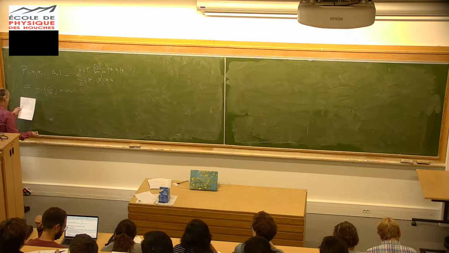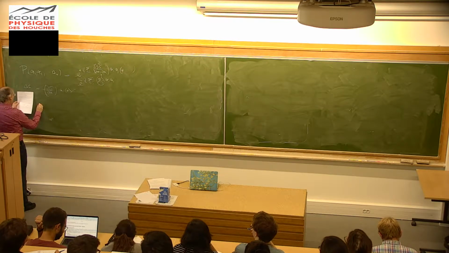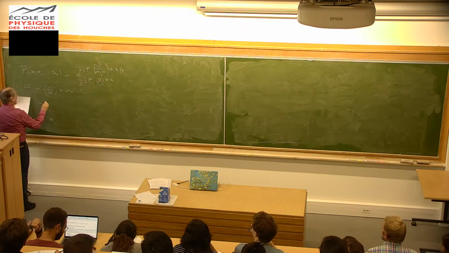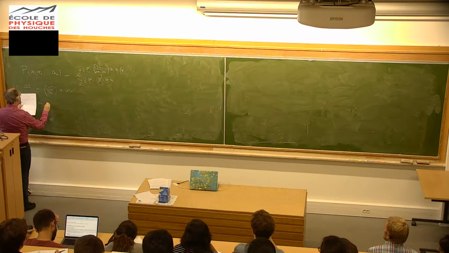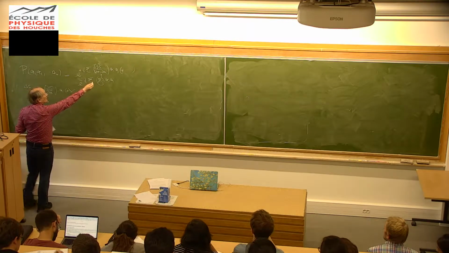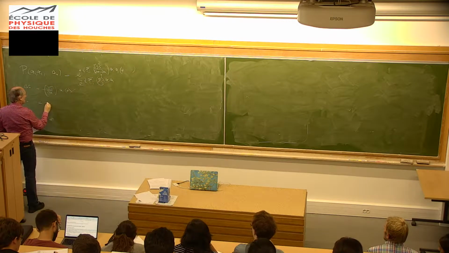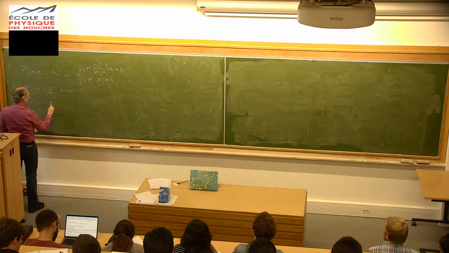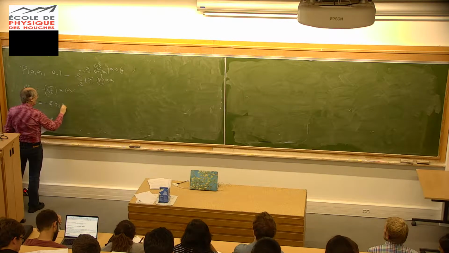So if you do that, then it means that the variation in S you can write simply by saying, okay, I use this expression and differentiate with respect to alpha I, and I get that this is equal to minus sum over j of g_ij alpha j.